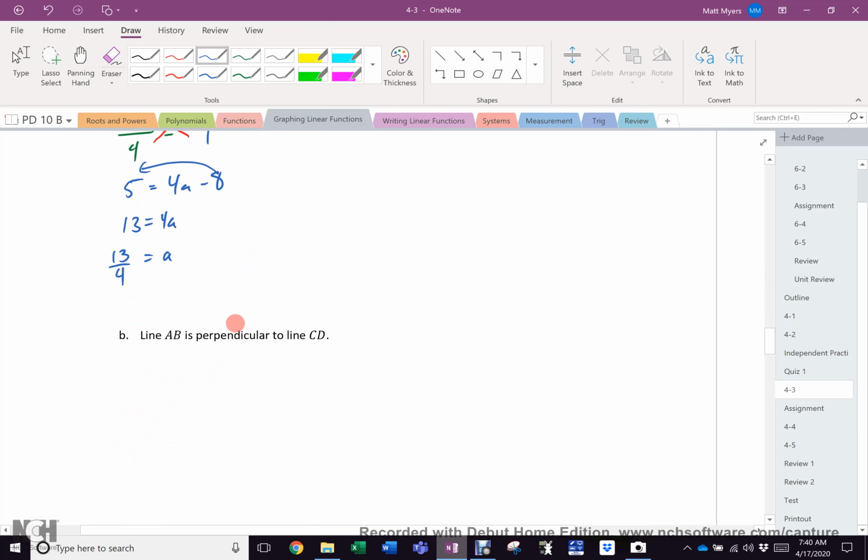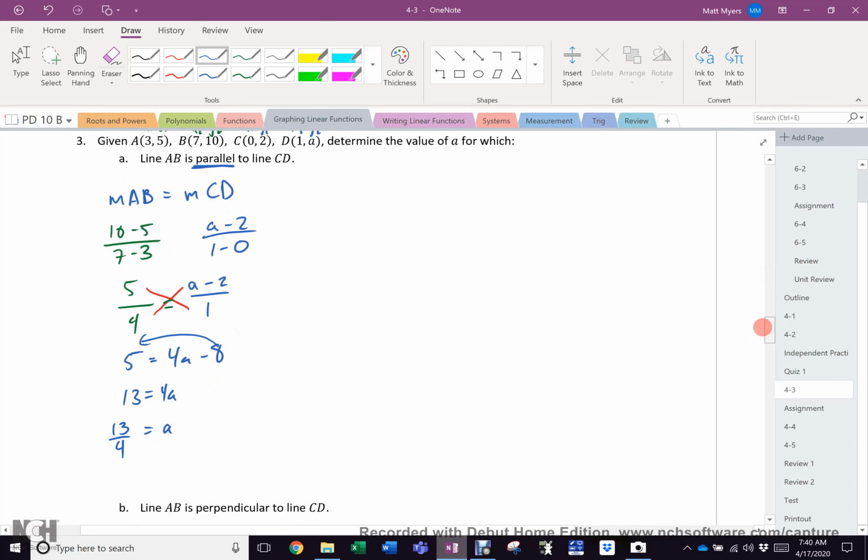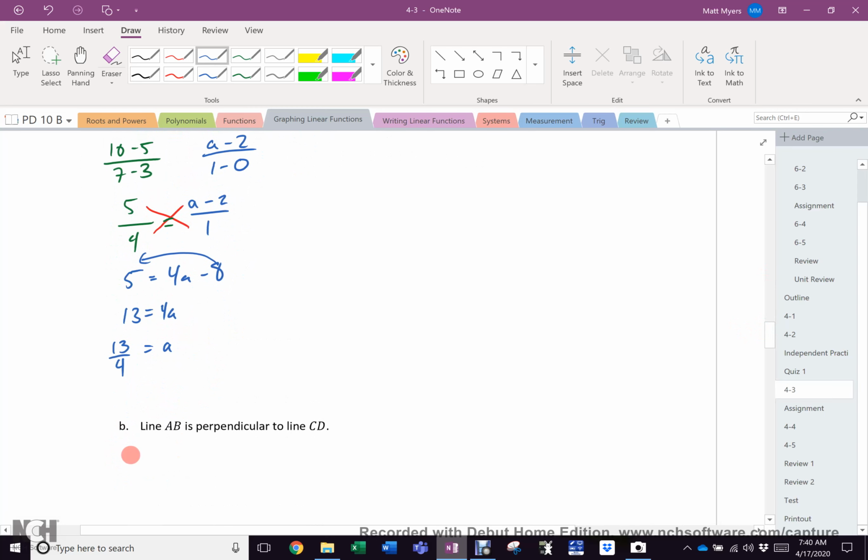Now, how do I do it if I want them perpendicular? Well, AB doesn't change. It's still 5 over 4. But if they're perpendicular, what has to happen to that slope? And I should change to blue for that if it's going to be perpendicular.